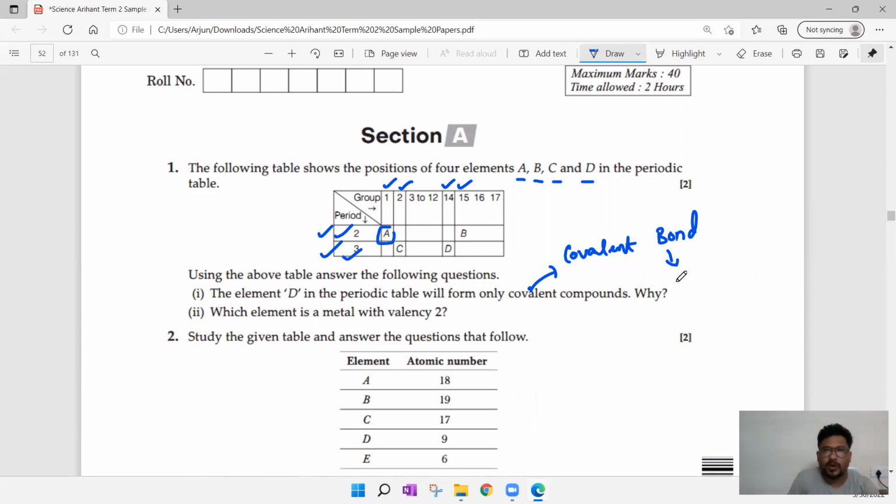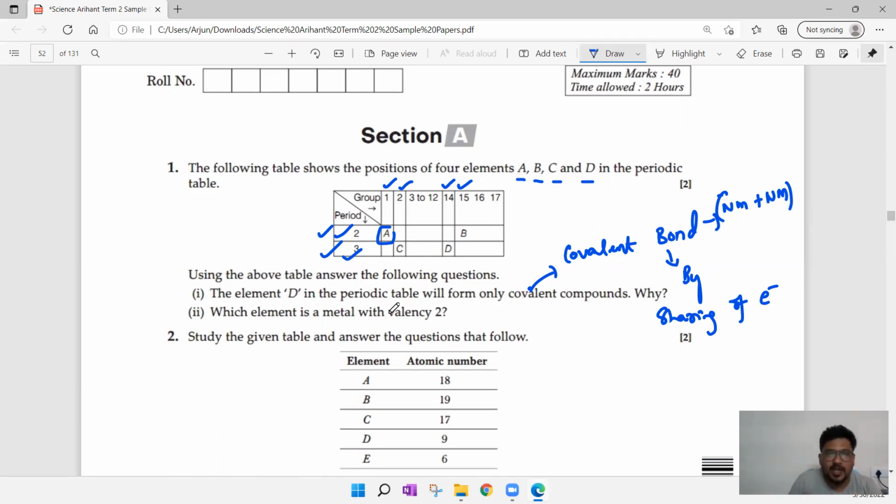We are not talking about coordinate covalent bond. Bond which is formed between 2 elements by sharing of electrons. And maximum covalent bonds we can observe in between non-metal plus non-metal. So non-metals only will be sharing electrons and combining, and bonds are formed.